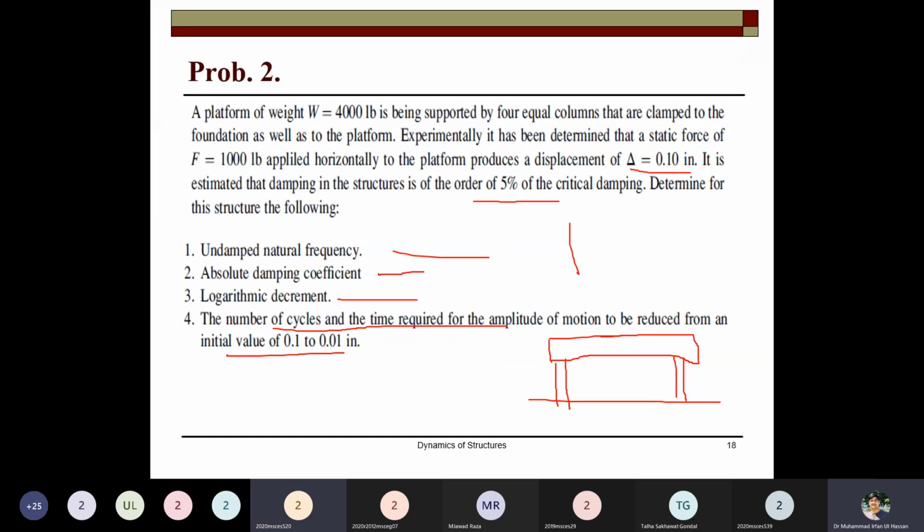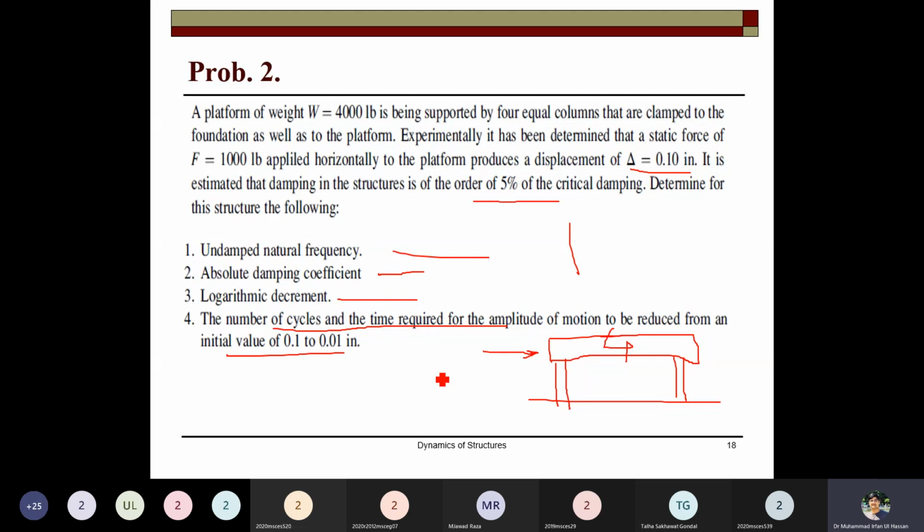This is a platform. This is a 4 kip value. A horizontal load of 1000 pounds is applied. Now we have this total weight. The lateral force is applied. This platform is resting on 4 equal columns, and it has been determined that a static force of 1000 pounds is applied horizontally.